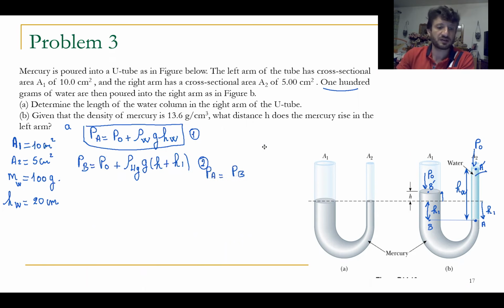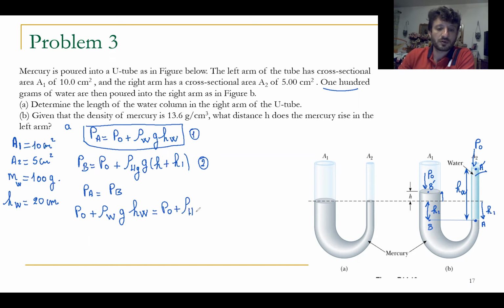So we can say PA equals PB. So we can write PA equals P0 plus rho water G H water, equals P0 plus rho Hg times H plus H1. Okay, we can eliminate P0 and P0.